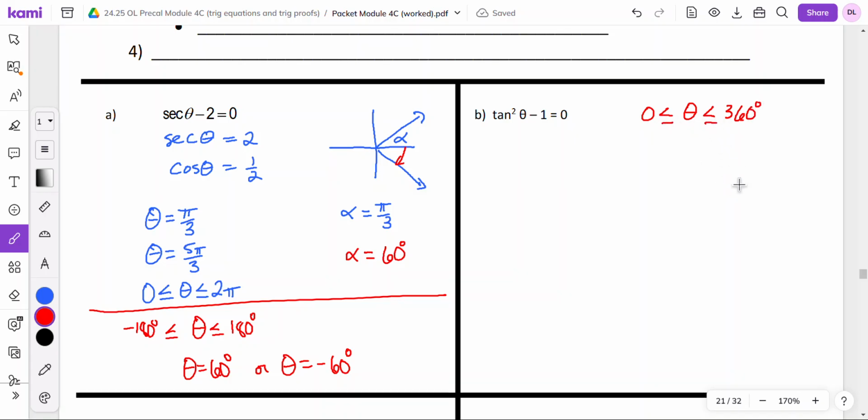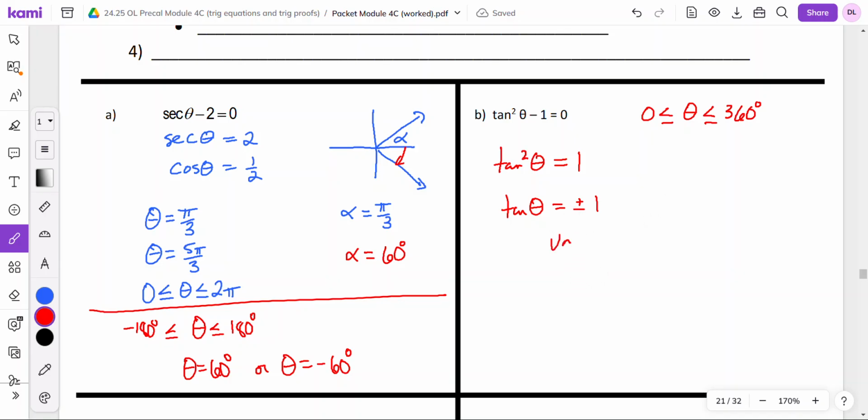inclusive of both endpoints. So we have the tangent squared of theta minus 1 is equal to 0. If I rearrange, that means that the tangent squared of theta is equal to 1, which implies that the tangent of theta has to be either positive 1 or negative 1.